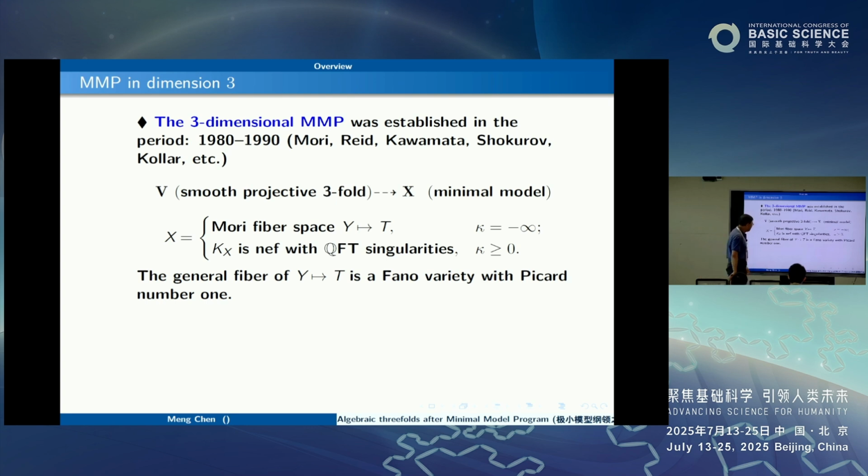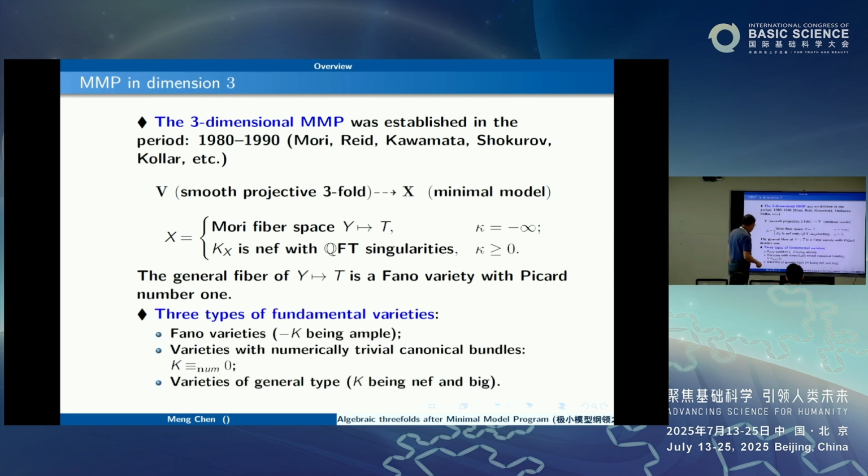So the problem reduces to studying the minimal models. Due to the minimal model theory, from this point of view there are three fundamental types of varieties. The first type, as everyone knows, is the so-called Fano varieties.